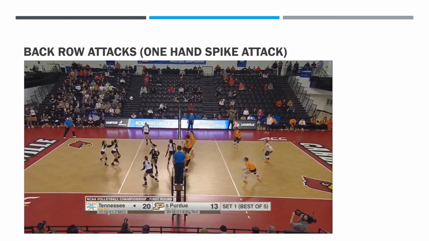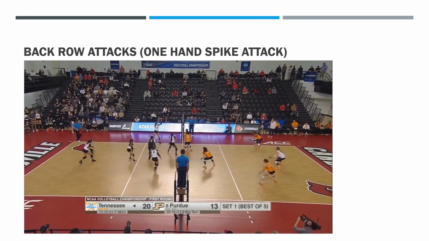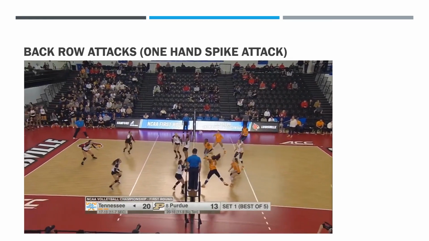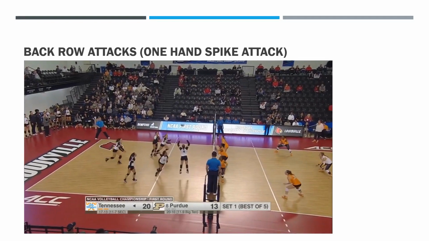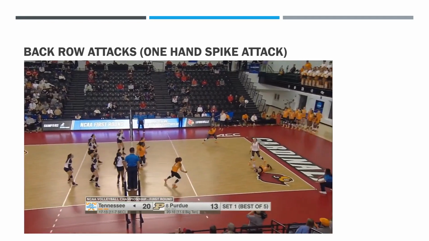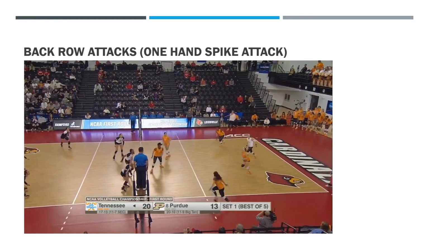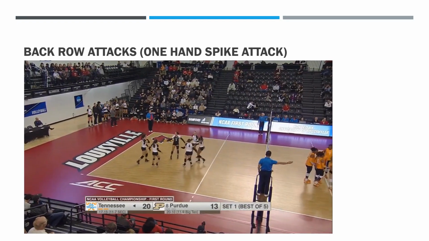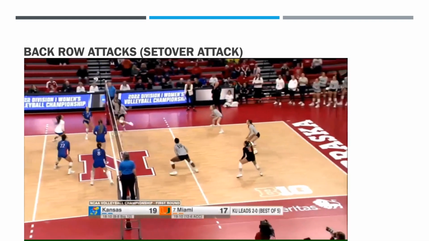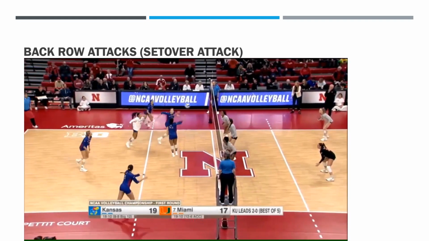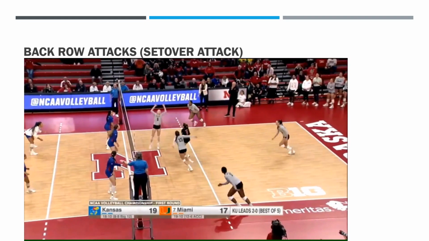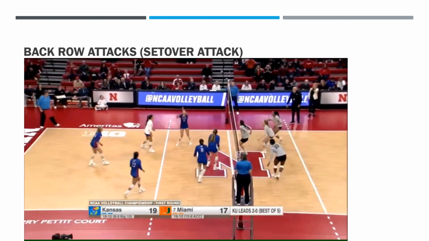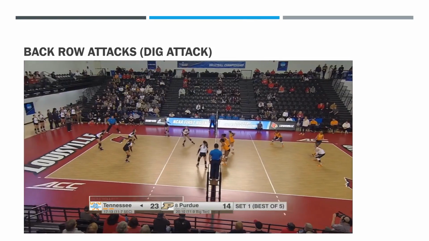There's Colvin. And now Chin. Well handled by Tennessee. Lovett. And now Hudson out of the back row. Terrific job defensively there by Matoso for Tennessee, and it results in a point. They are not doing well. They are not serve receiving well.